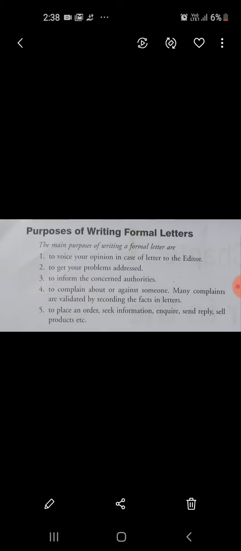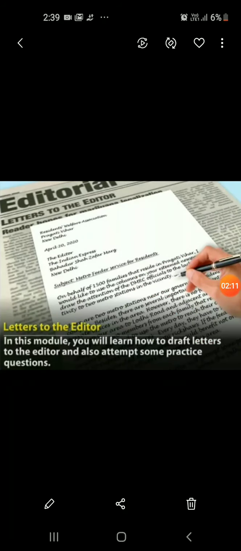To replace or place an order, seek information, inquire, send a reply, and sell products are the basic purposes of writing formal letters. Well, students, in this module, we will learn how to draft letters to the editor and we'll also attempt some practice questions. So, let's begin.